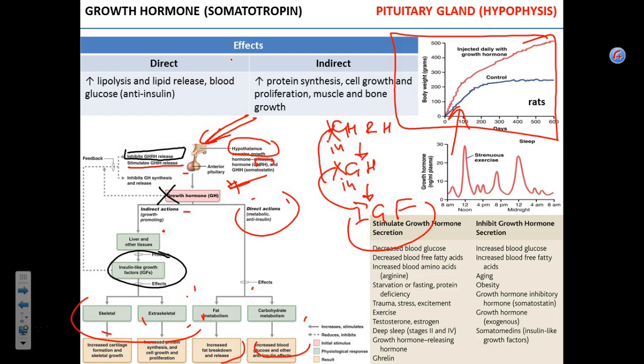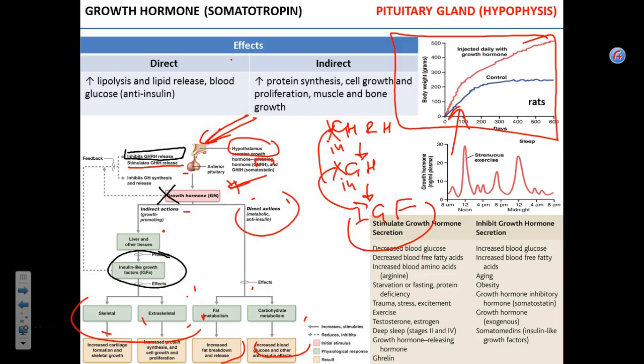Now, what stimulates the growth hormone? Some things are easy to remember. Others, you just have to think about the effects. If something changes in homeostatic parameters, what is the hormone supposed to do with that change? Bring it back to normal, right? So, growth hormone can increase blood glucose.